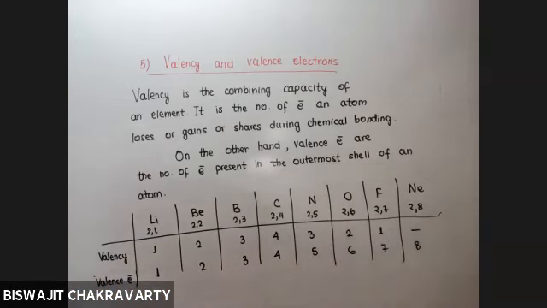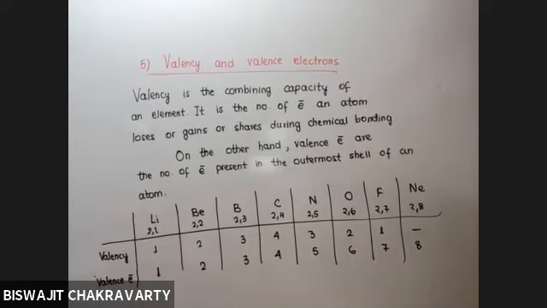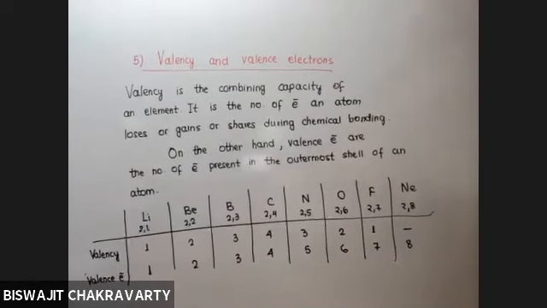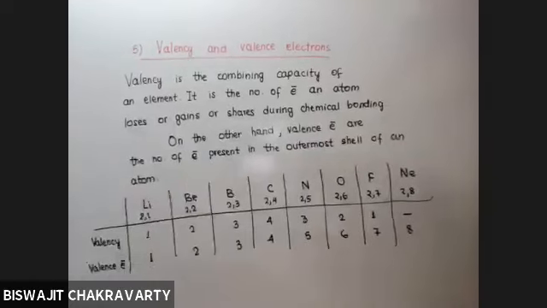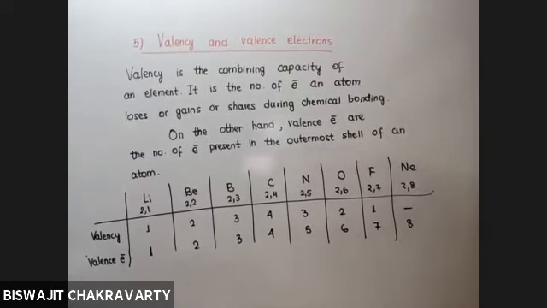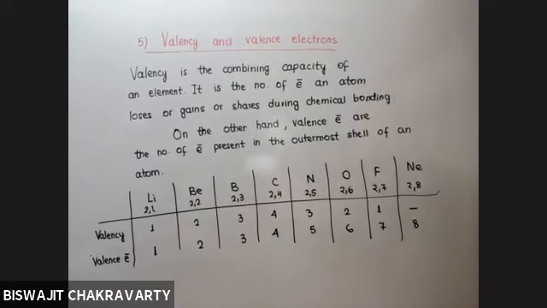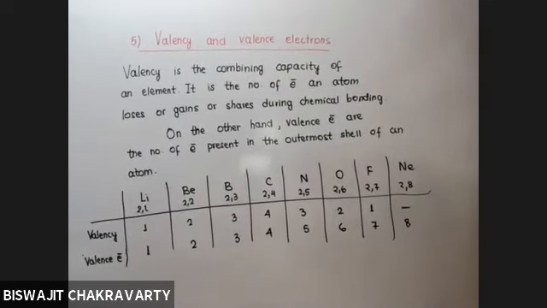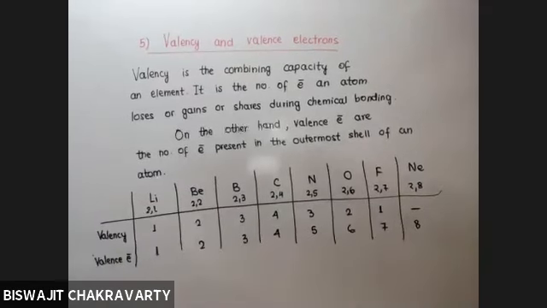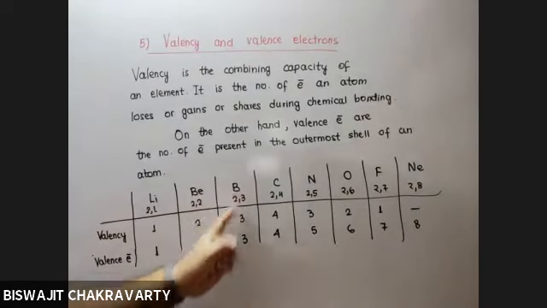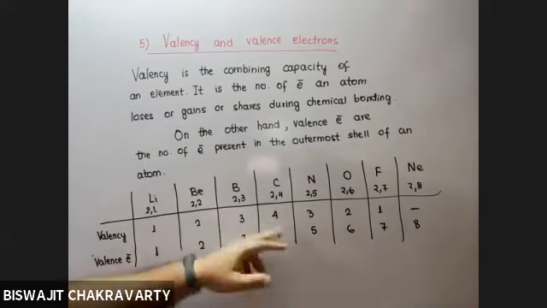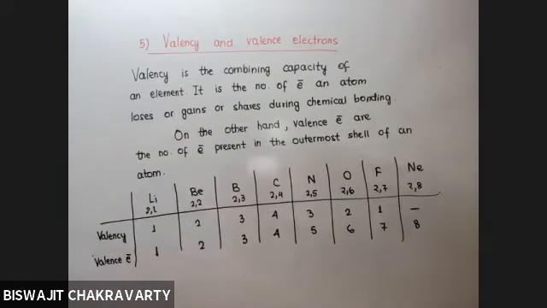See whether it is clear or not. So valence electrons have nothing to do with the combining capacity. Whatever electrons they possess, that is the valence electron, isn't it? Yes, sir. So for some elements, valency and valence electrons are the same. Up to carbon, it is the same. But thereafter, you will see that it is totally different. Right? Yes, sir.